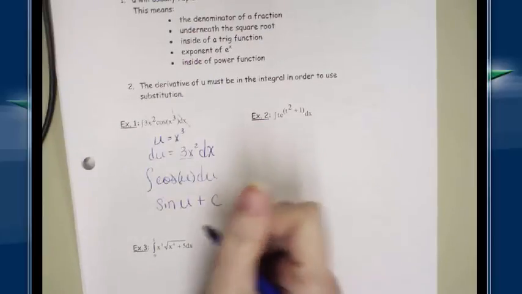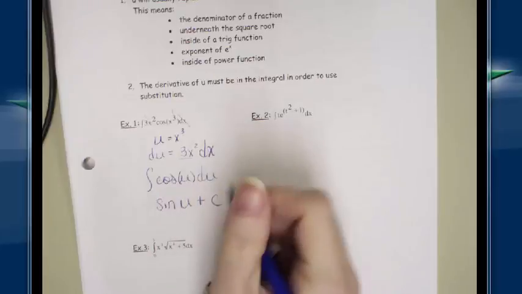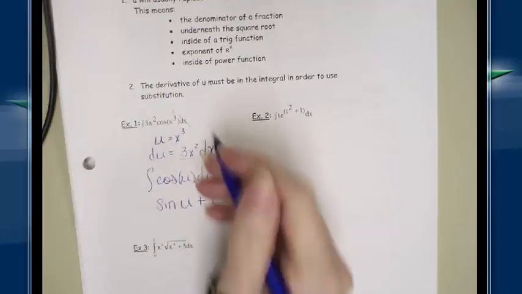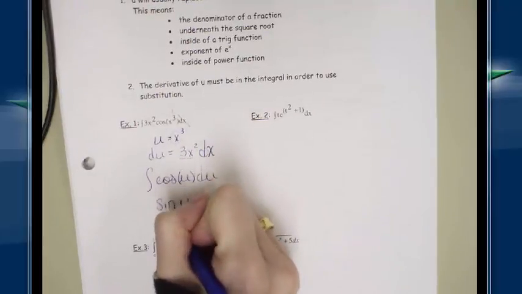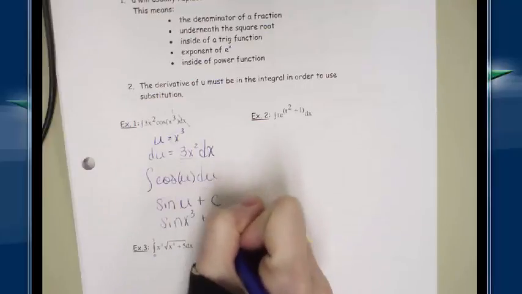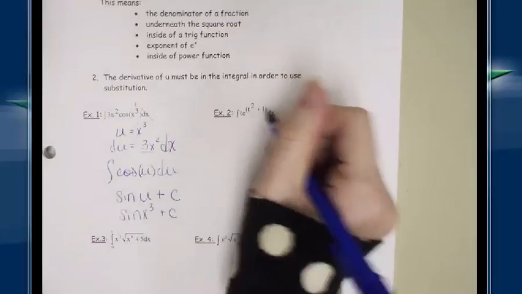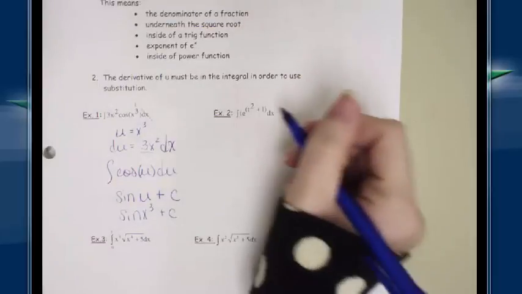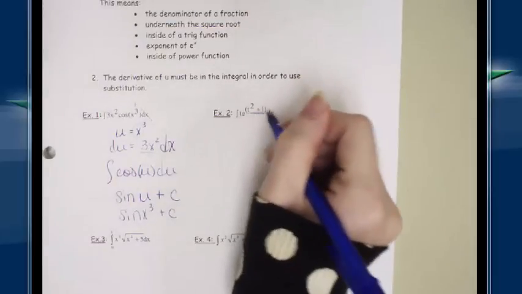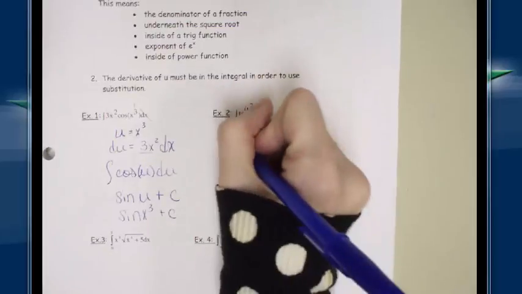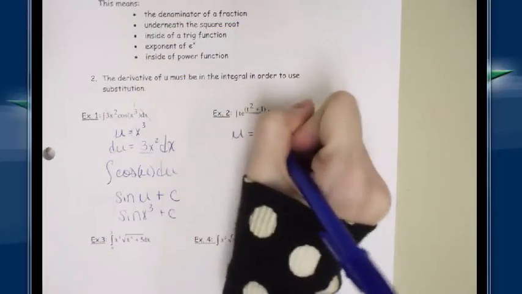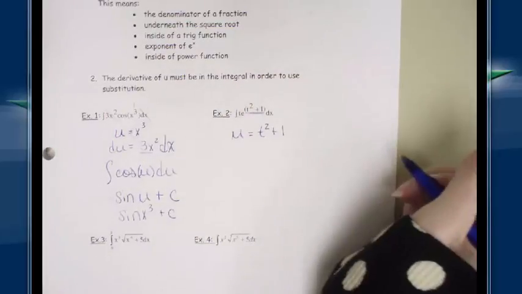Then we're going to look and say, all right, what is the u? It's x cubed. That goes right in there, and I've solved it. So the second one here, now you can see there's an extra t. Using what's in the exponent, that's where I would have had to use chain rule. So u is t squared plus 1.